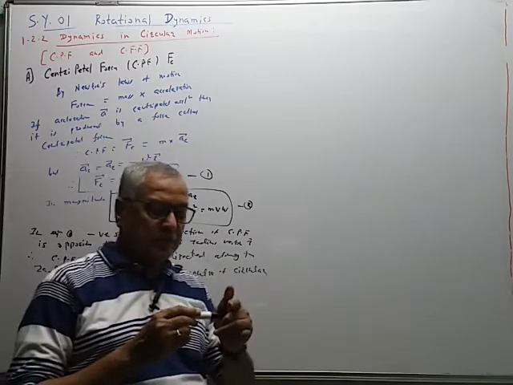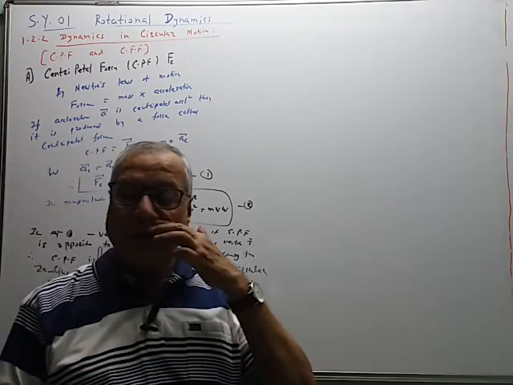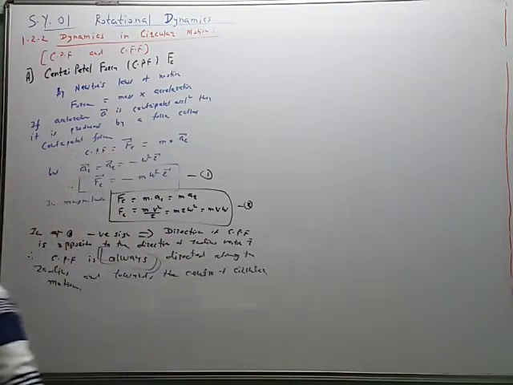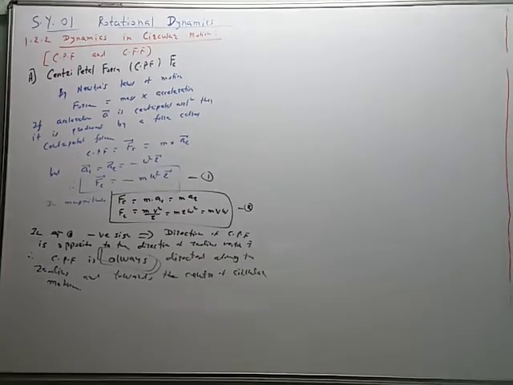So why it is called centripetal force? We have explained with equation. So we know the expression for centripetal force. Equation 1 and 2 give the expression for the centripetal force.